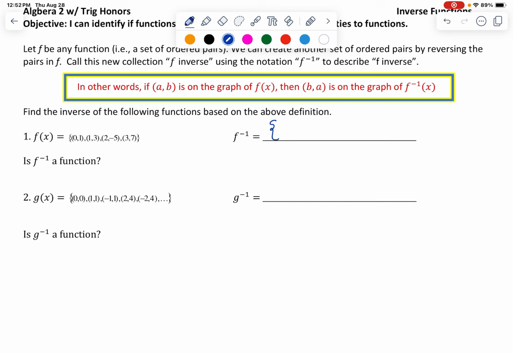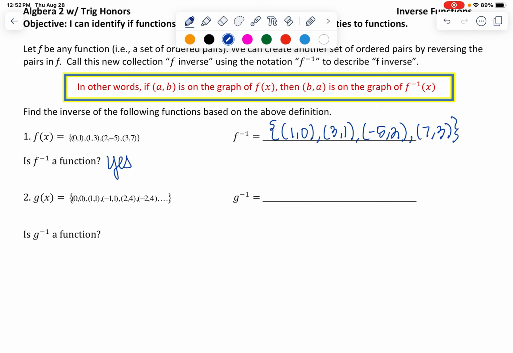So here's our bracket to bring it all together, and then our ordered pairs would be (1, 0), (3, 1), (-5, 2), and (7, 3). So that's the inverse. And now the next question is, is the inverse a function? So look at every x value and make sure that it gives exactly one output. And if you look, that's true for this. So yes, this is a function.